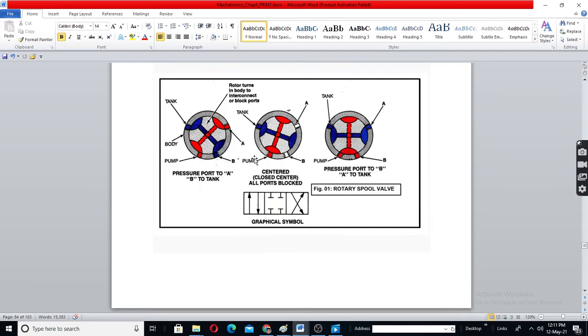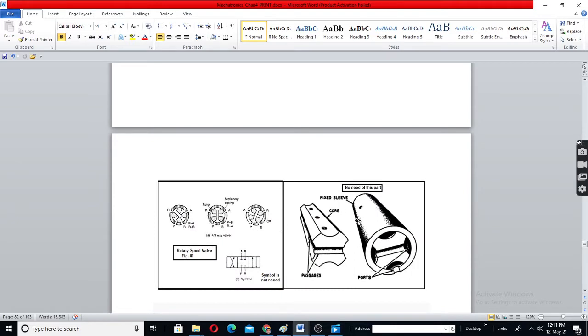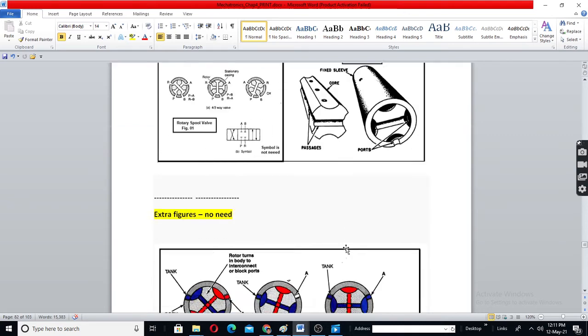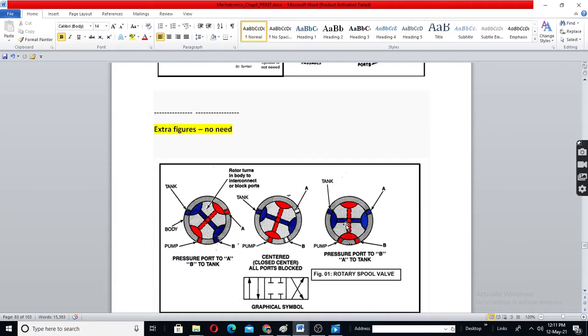The drilling will be such that, see, you have here cylindrical or tube. Okay, one drilling will be here, another drilling will be somewhere else, or even though at same position, whatever it is, you can bend this tube such that there is no direct flow between this pipe and this pipe. Both are different.